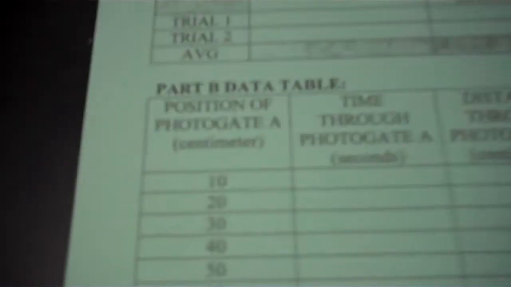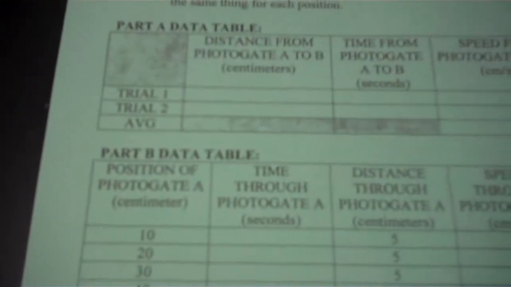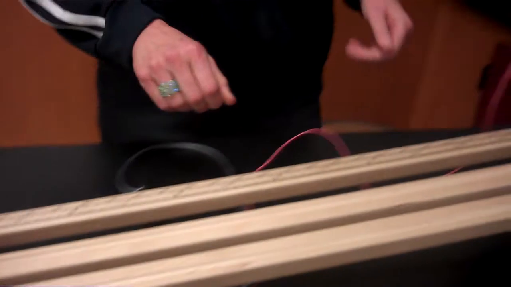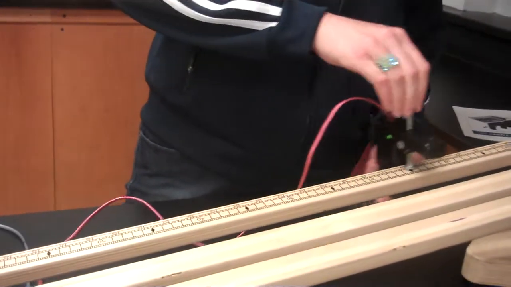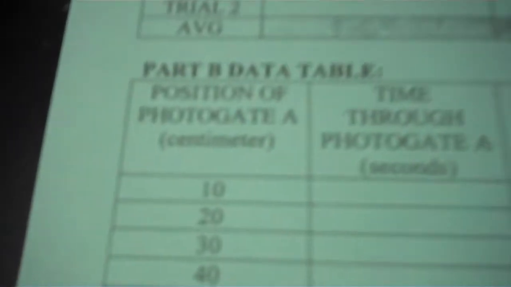Okay, part B is a little bit different. In part B, we're going to do instantaneous speed. So I'm going to remove one of the photo gates, and then according to the data table, photo gate A has to be at the 10 centimeter mark, so I moved it there.